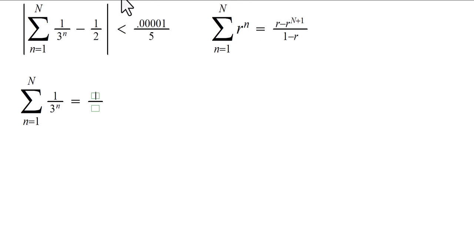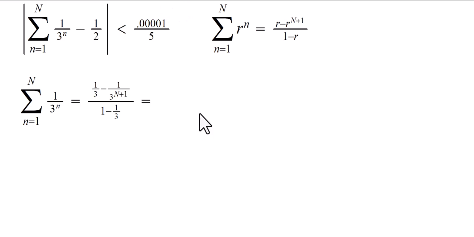So what we have here is 1 over 3 minus 1 over 3 to the power capital N plus 1, because 1 to the power N plus 1 will be simply 1, and in the denominator 1 minus 1/3, and we will go ahead and quickly simplify it.